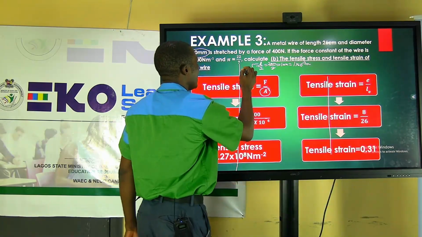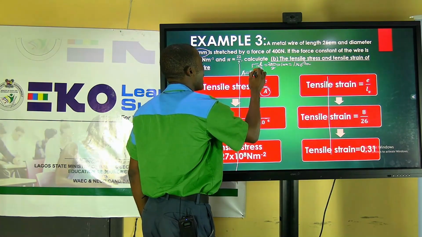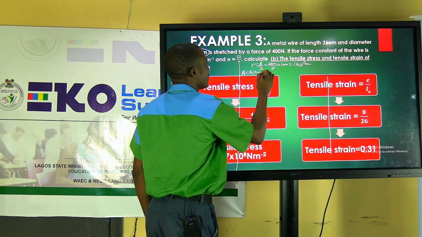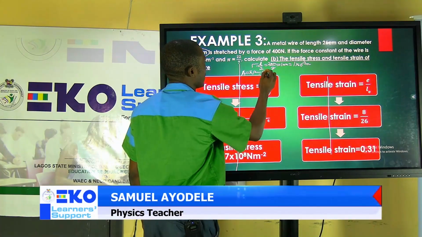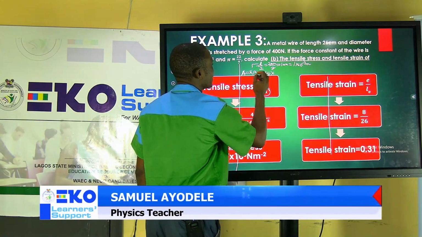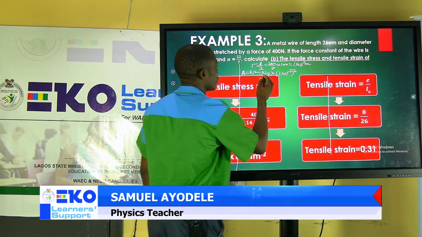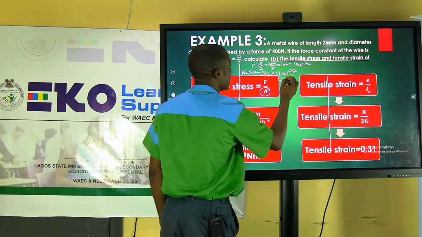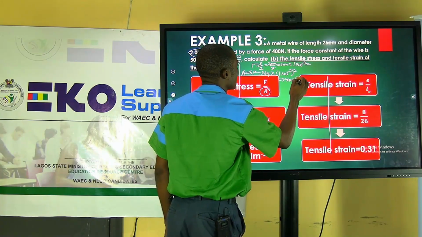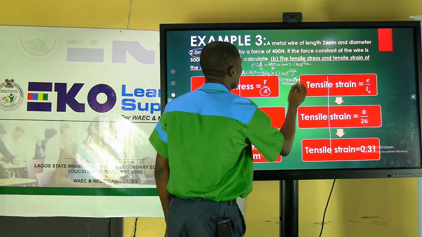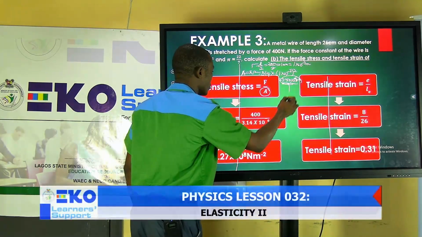Area is pi r squared, that's 3.14, since 22 over 7 is approximately 3.14, times 1 times 10 raised to the power minus 3, all squared. When you multiply this, it gives 3.14 times 10 raised to the power minus 6 meter squared.